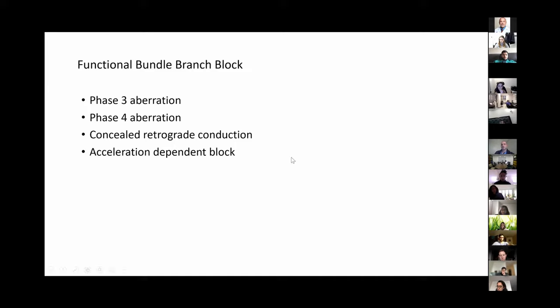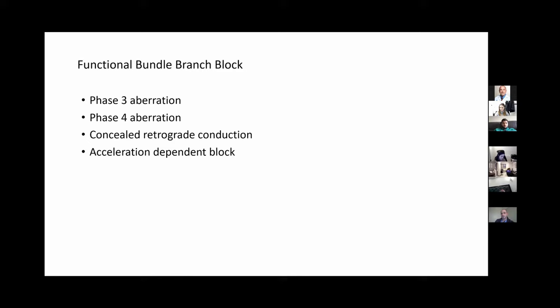So you should always look in telemetry and EKG to see if there's a window where the heart rate dropped, then see if the bundle branch block resolved or not. There are other mechanisms of functional bundle branch block, just for you to be aware.